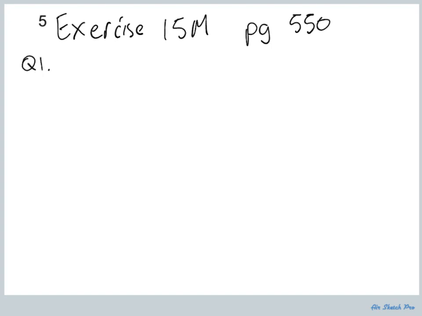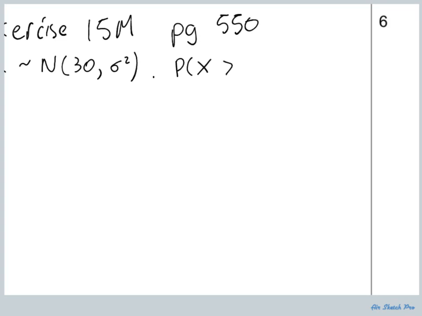So question 1: we are told that X is distributed normally with a mean of 30 and an unknown variance, sigma squared. We're also given the fact that when the random variable is greater than 40, the probability is 11.5%, 0.115. Those are the facts, and we need to find the standard deviation in this instance.